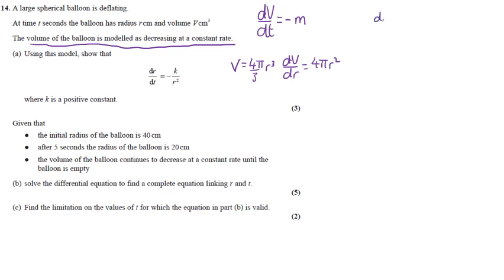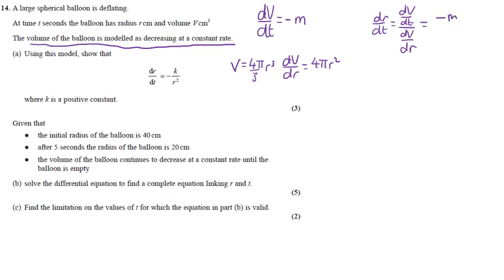So dr/dt, which is what we're after, is equal to dV/dt divided by dV/dr. Because if you treat these derivatives like fractions, you can see that the dV's would cancel out and you'd be left with dr/dt.